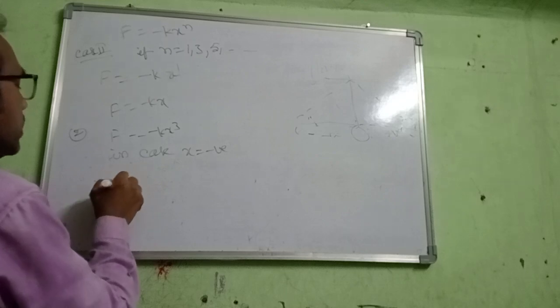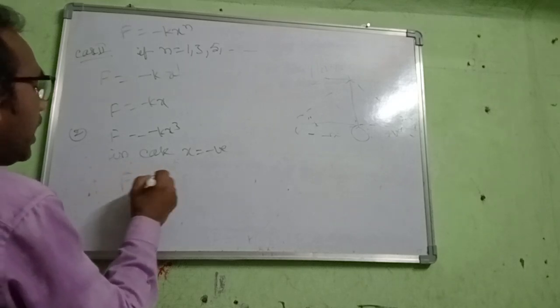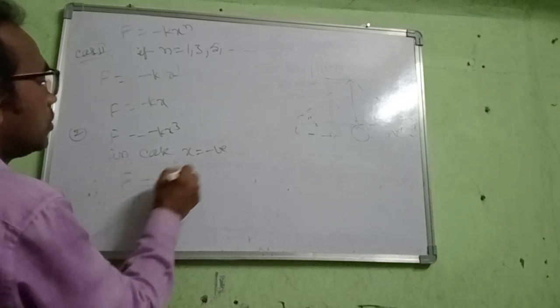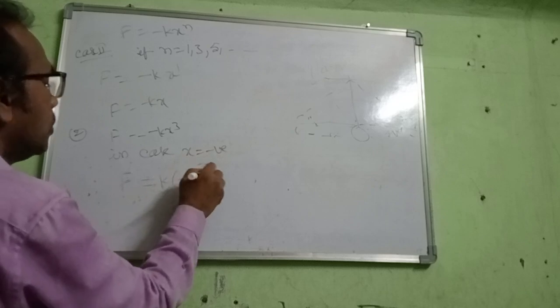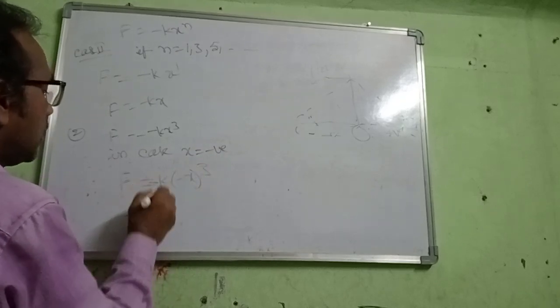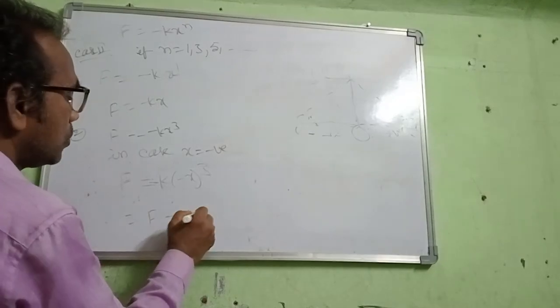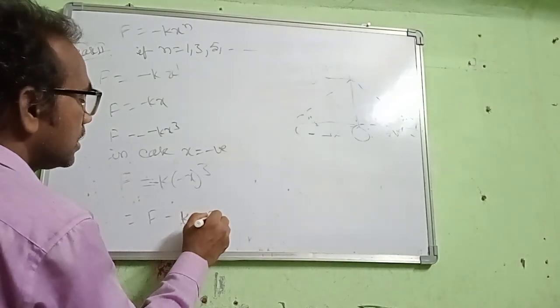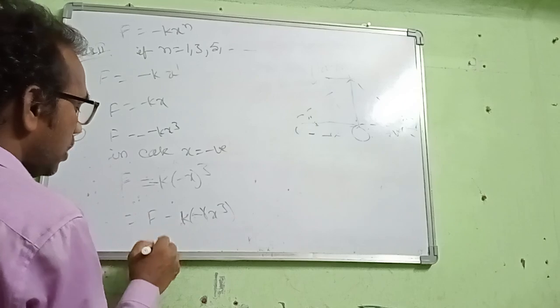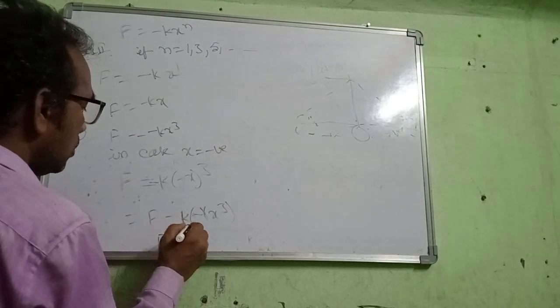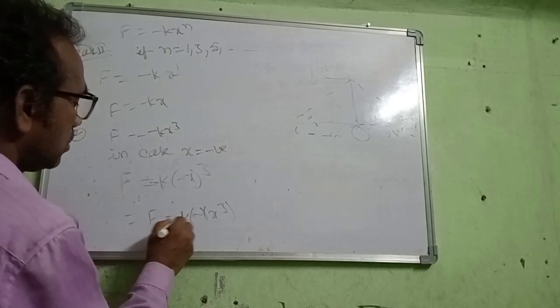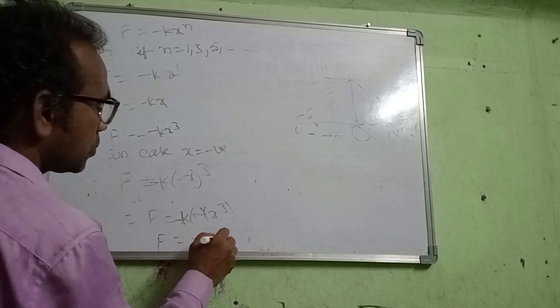About force: F equal to minus k into x, means minus x whole cube. So what is happening? F equal to minus k into minus x cube, so F equal to plus kx cube.